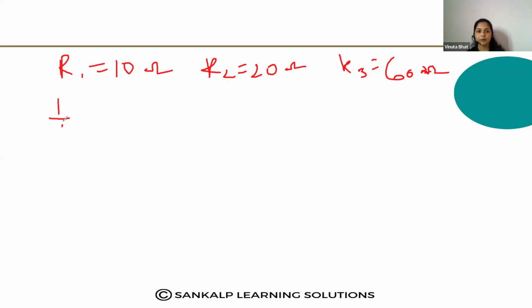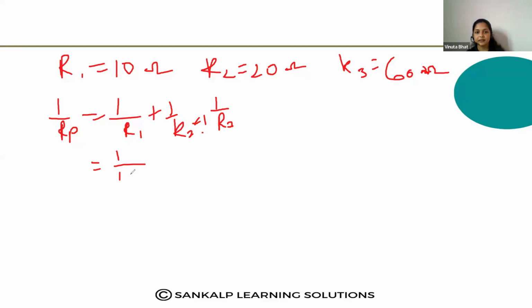So 1 by Rp is equal to 1 by R1 plus 1 by R2 plus 1 by R3. So that is equal to 1 by 10 plus 1 by 20 plus 1 by 60.